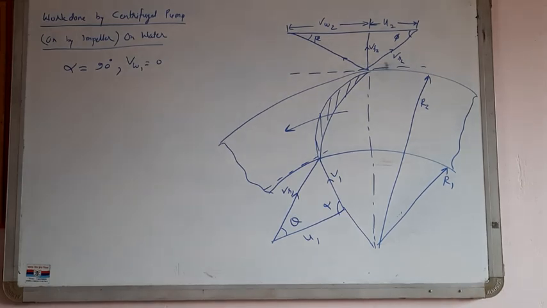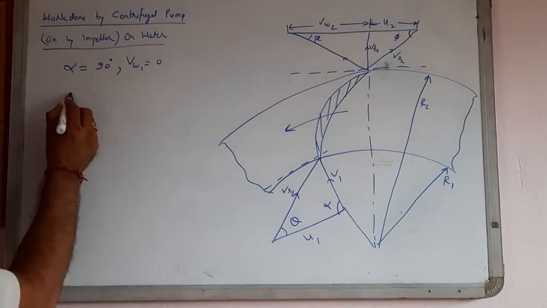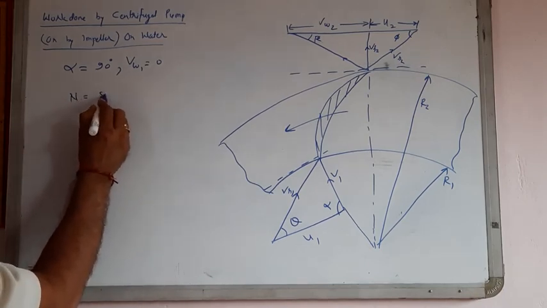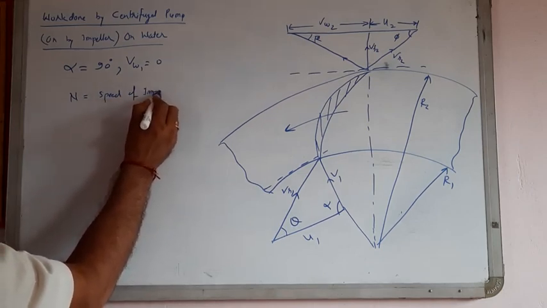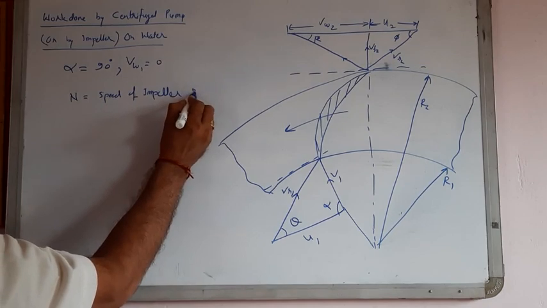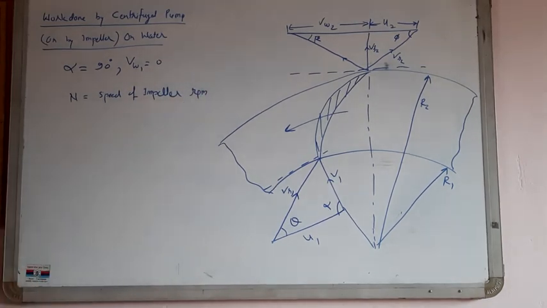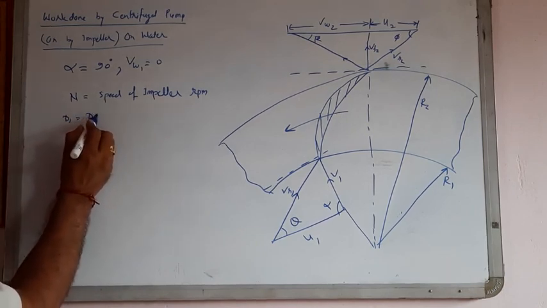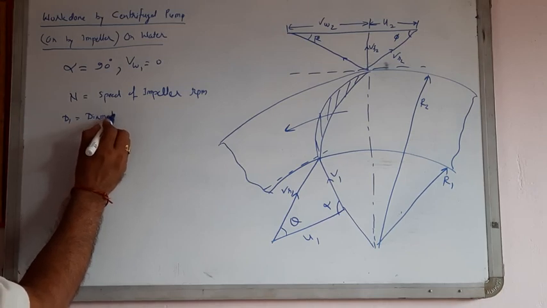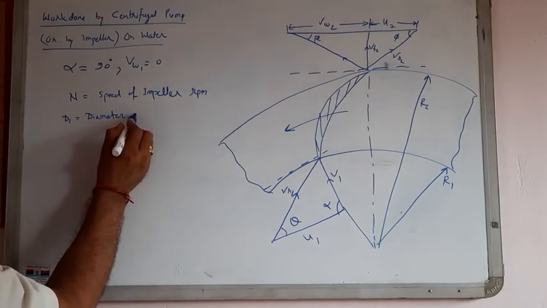Here in this figure, the velocity triangles at inlet and outlet are shown. Here N is speed of impeller in RPM. D1 is diameter of impeller at inlet.